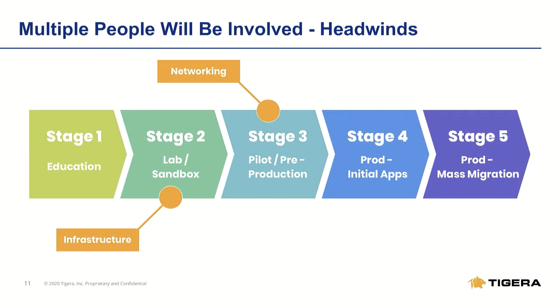When you move into a pilot and pre-production stage, now there's a networking team. Now, the networking team probably doesn't know anything about Kubernetes, and you're going to need to be able to train these people and help them understand what Kubernetes is and what the implications are, why you're doing it, and how it's going to need to access the network.